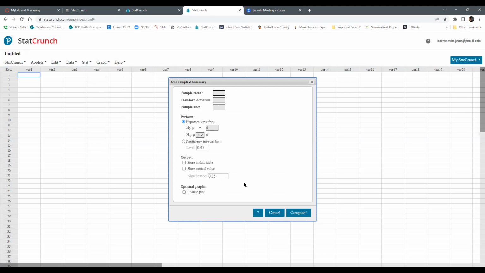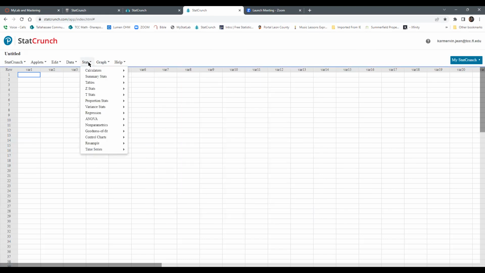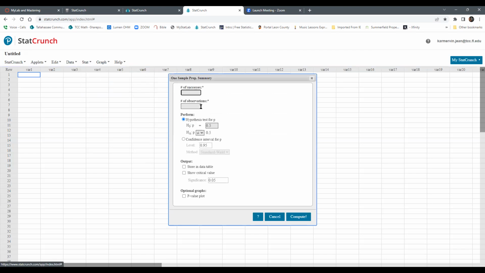No, that's the other one. I'm doing the one for proportion, so I'm going to have to go the other way around. You go to Stat, and in this case I go to proportion, then one sample with summary.